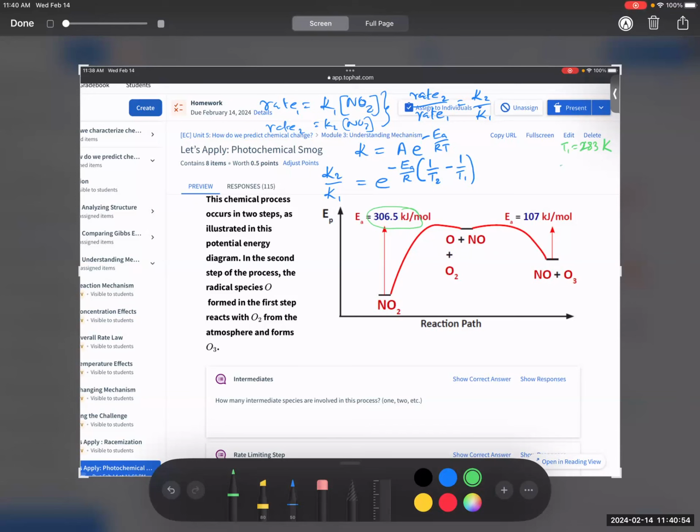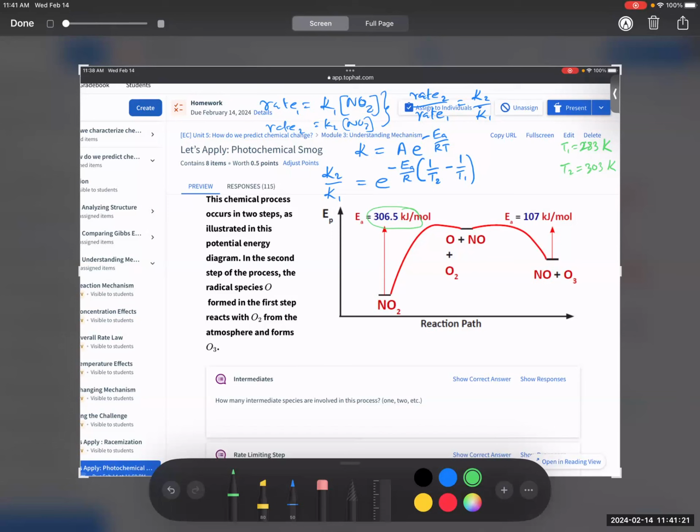And then T2 must be 30, so it should be 303 Kelvin. Okay, now we got that. So we know T1, T2, the activation energy, and R, so we can find the ratio. That tells us how many times faster the reaction is at T2 compared to T1.